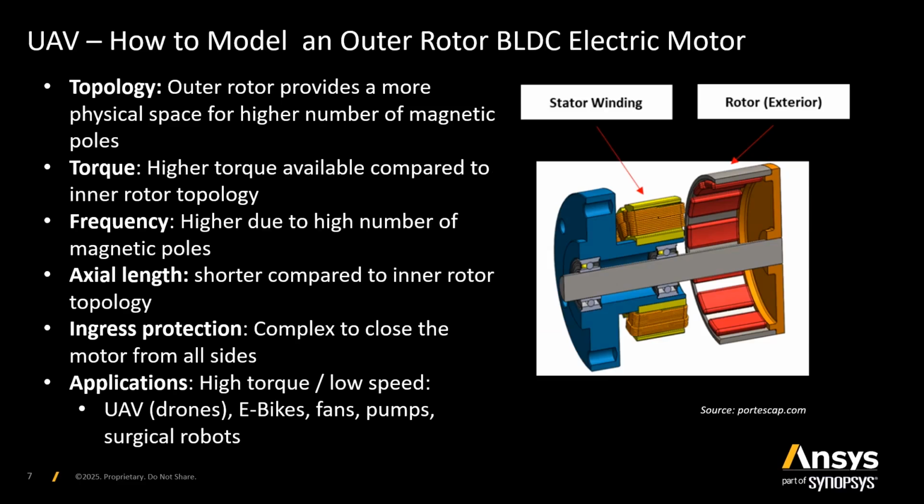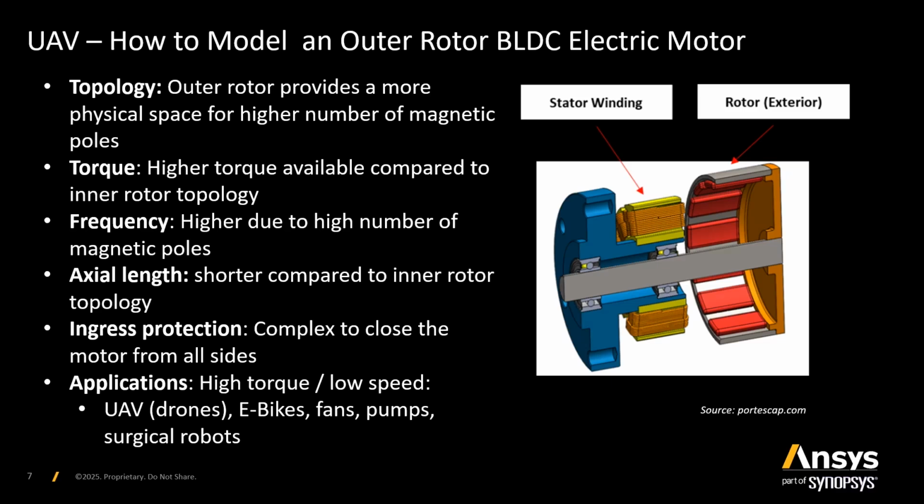Also, an outer rotor typically will deliver higher torque capabilities compared to an inner rotor topology. This is a known fact. The frequency, however, will be slightly higher compared to an inner rotor. We will see immediately we are going for a relatively high number of magnetic poles for this application. Axial length is significantly shorter than an equivalent in power and torque inner rotor topology.